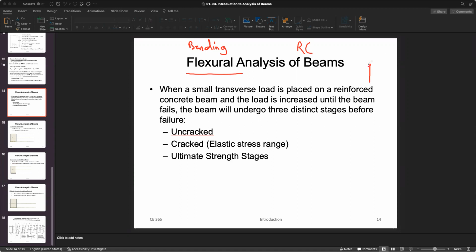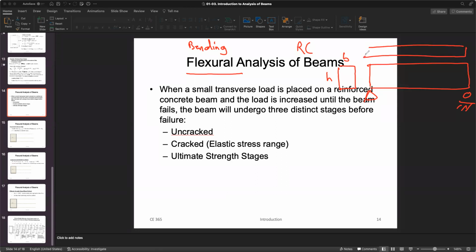All right, so what we're talking about is we are having this beam with this cross section, for example, right? B and H, okay? There is a loading applied on it. So we want to know how much we need to increase this W until it causes failure on the structure.